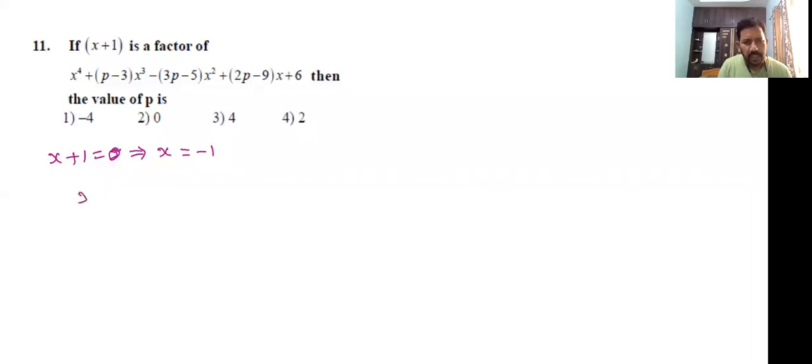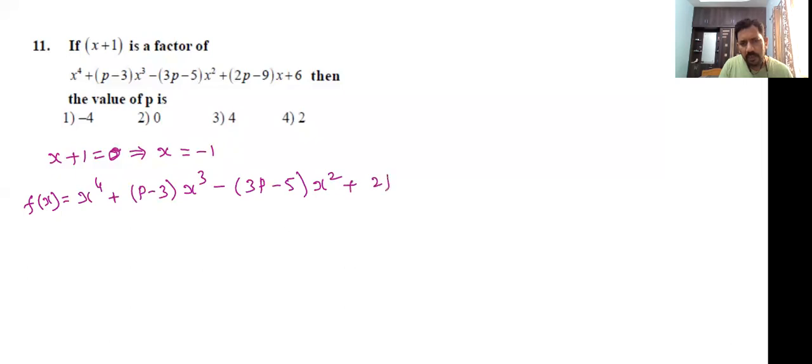First, the given expression f of x is x power 4 plus p minus 3 into x cube minus 3p minus 5 into x square plus 2p minus 9 into x plus 6.